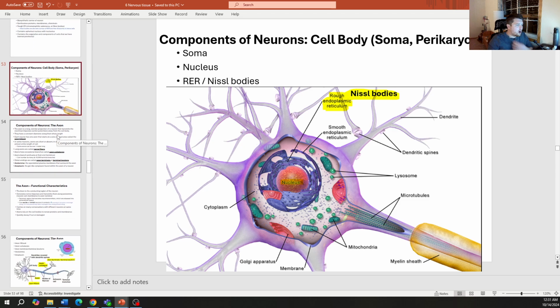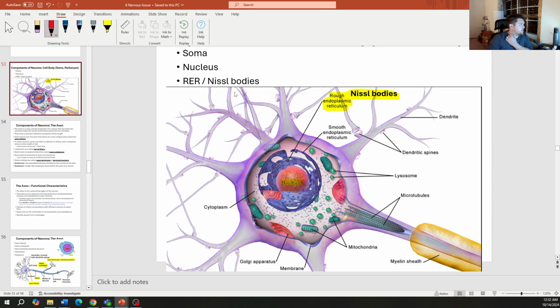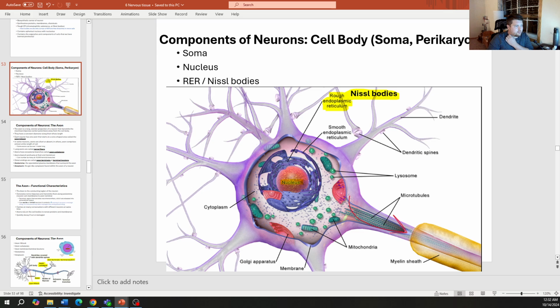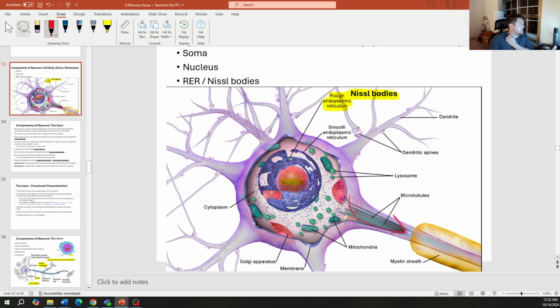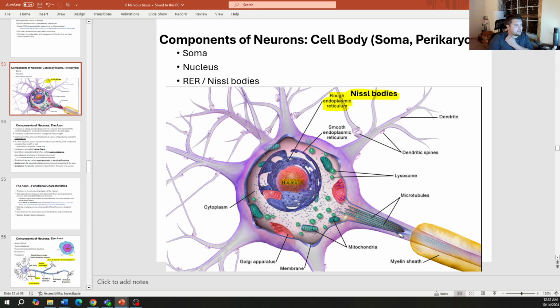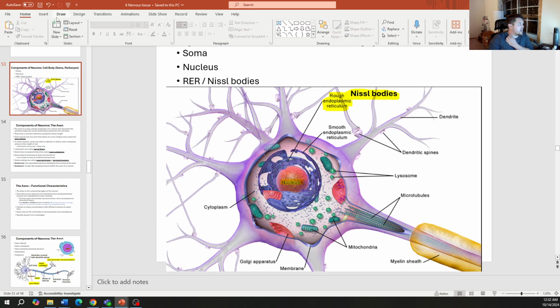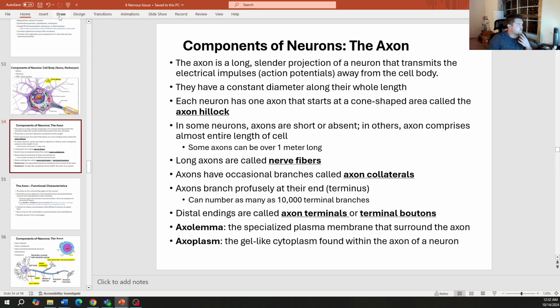Now, coming off of the cell body, we can see right here a structure called the axon. The axon is how we transfer the message to other parts of the body.